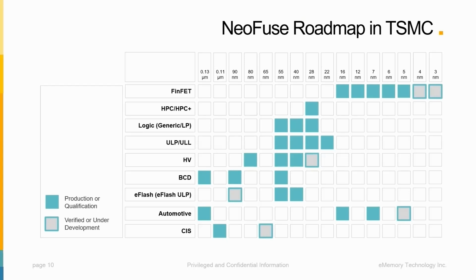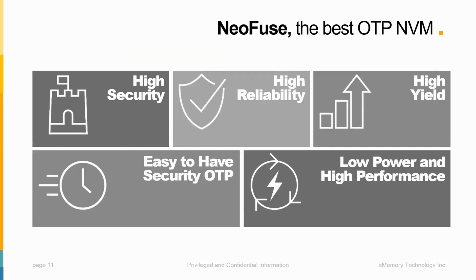Also, with the current trend of technology advancement, we expect to see our roadmap rapidly extend and expand. To sum up, our reliable and safe non-volatile memory, NeoFuse, contains the following commonly desired features by the market. Firstly, using the simple cell structure without the need of any extra process or masks results in high manufacturing yield and fast implementation speeds. Intrinsic data protection from programmed quantum tunneling paths can also secure data storage and reliability in harsh environments.